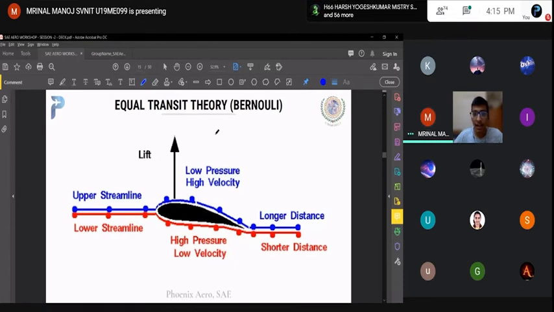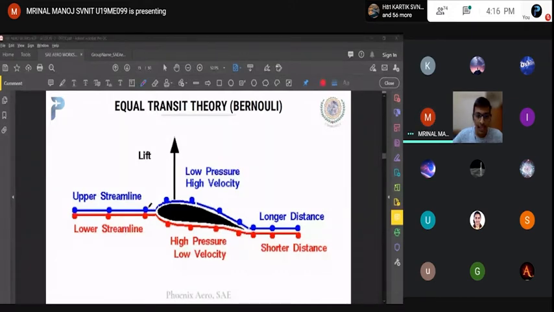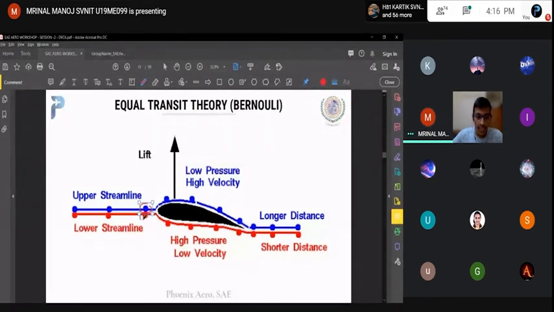Another major breakthrough was that scientists did research and found out that these two air molecules that you can see never meet at the end, because the air molecule on top will travel almost 2 times as fast as the one below.